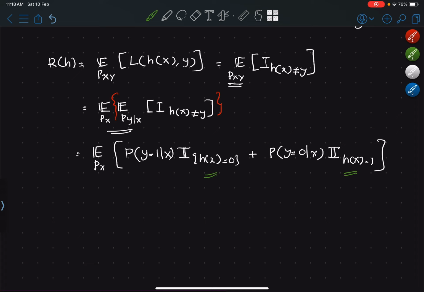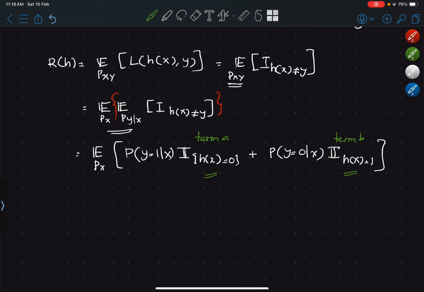Since it's an indicator variable, it takes a value 0 or 1. Suppose these are two terms, term A and term B. It just chooses term A if h of x gives a value 0, and if h of x gives a value 1, it chooses term B, right?